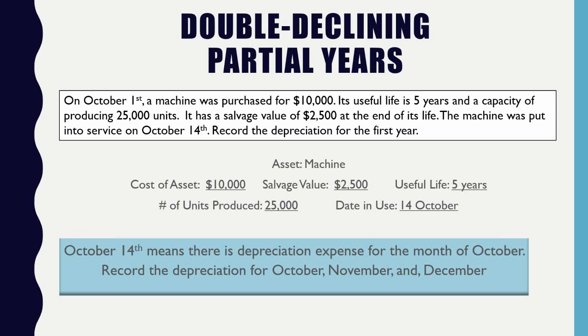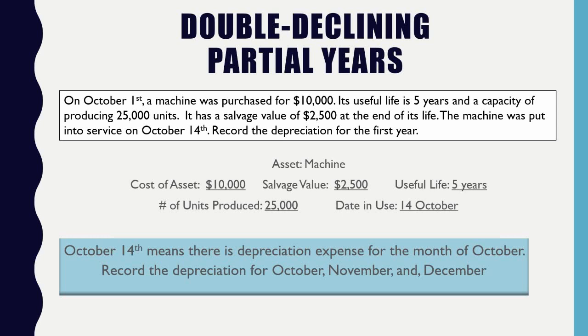In the scenario, we put it into service as of October 14. Now, October's the month. In this case, it was on the 14th, which is definitely more than 50% of the month. So therefore, I need to start as of October.